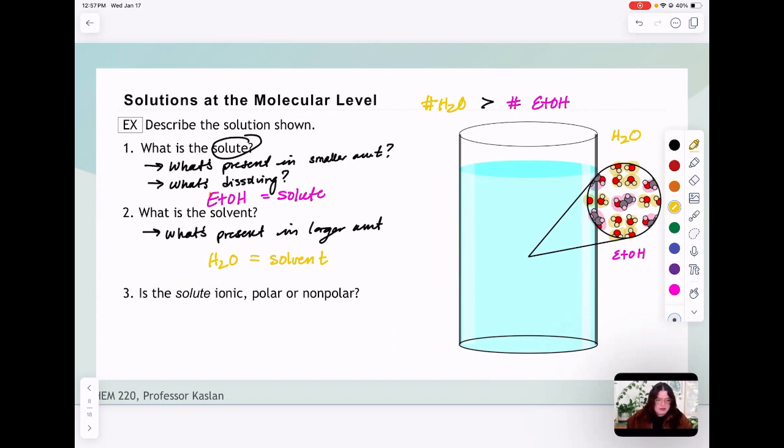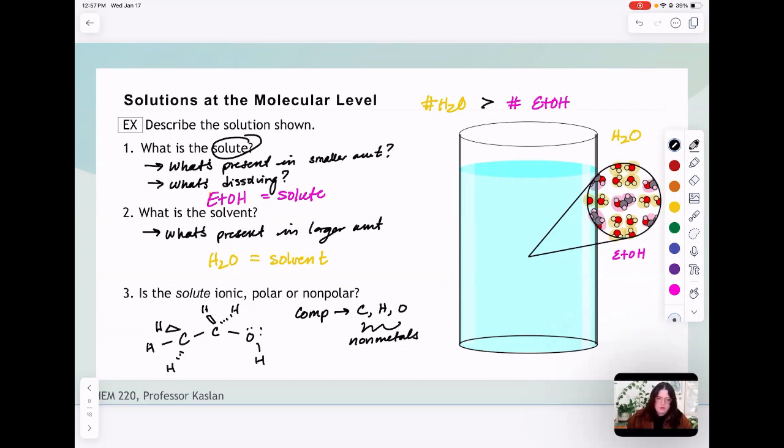All right, question 3. Is the solute ionic, polar, or nonpolar? So I'm going to re-sketch out what ethanol looks like. Ethanol again was CCOH. Notice this composition is carbon, hydrogen, and oxygen, and these are all nonmetals.